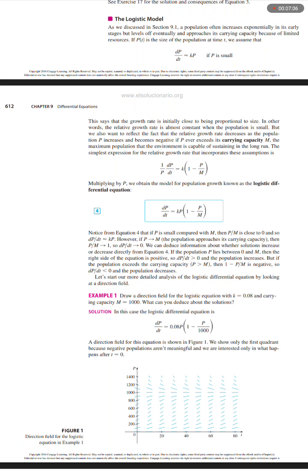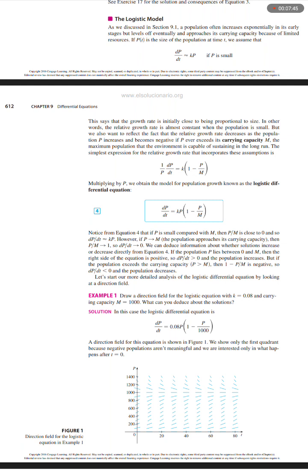The simplest expression for the relative growth rate that incorporates these assumptions is 1 over P times dP over dt equals k times (1 minus P over M). Multiplying by P, we obtain the model for population growth known as the logistic differential equation. Equation 4, dP over dt equals kP times (1 minus P over M).